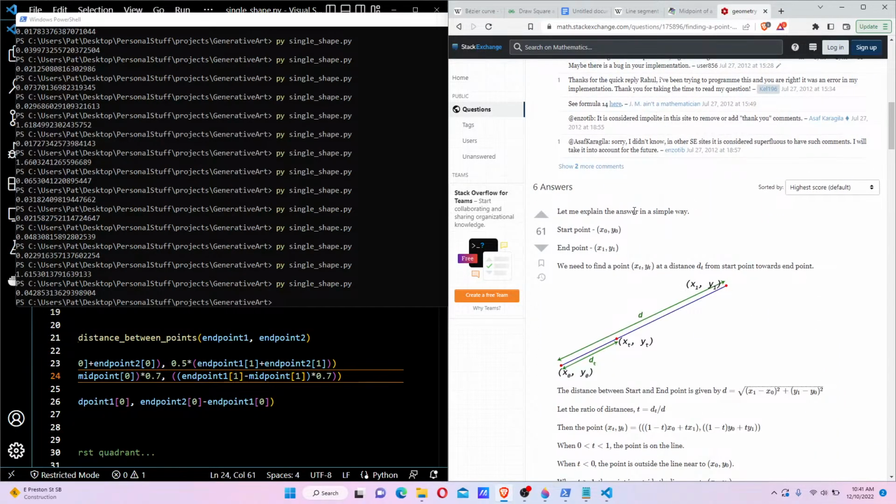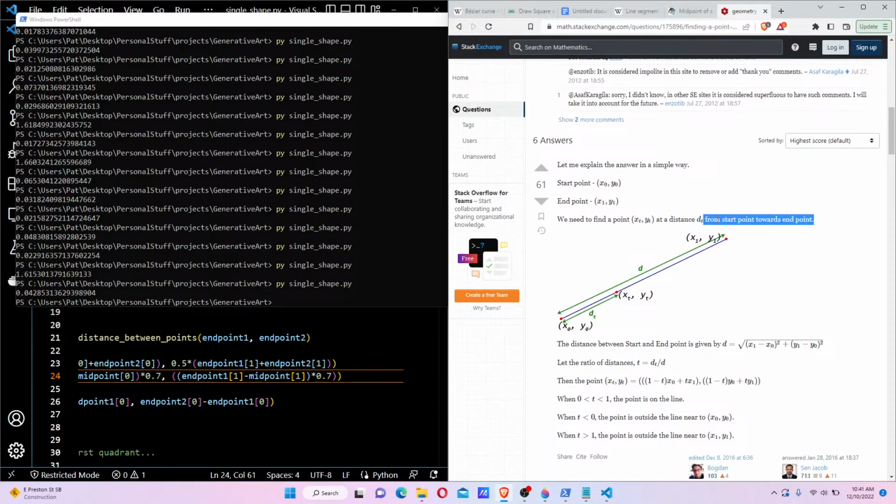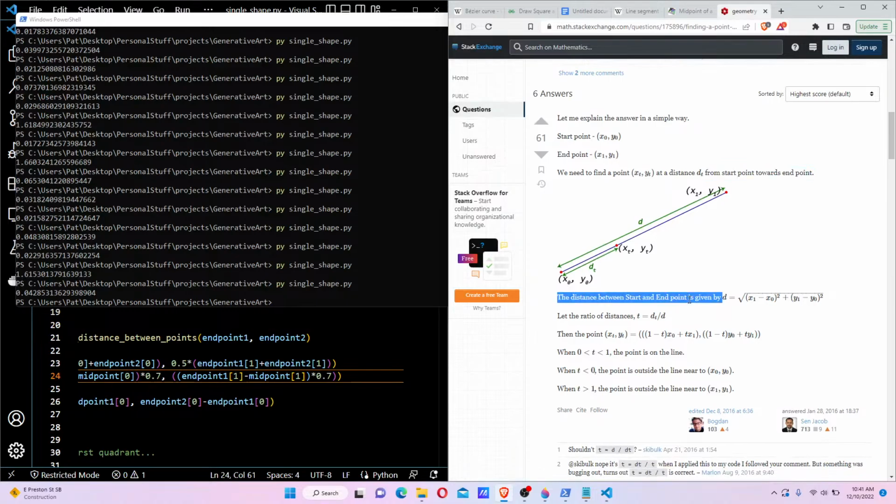So, get a point along a line that is a certain distance from another point. Let me explain the answer. Start point, end point. We need to find a point, a distance d from the start point towards the end point. Yes, that's what I want. The distance between the start and end point. So the ratio of the distances.